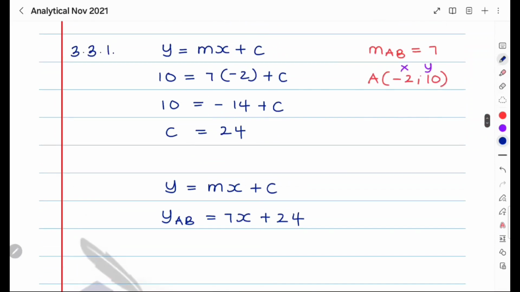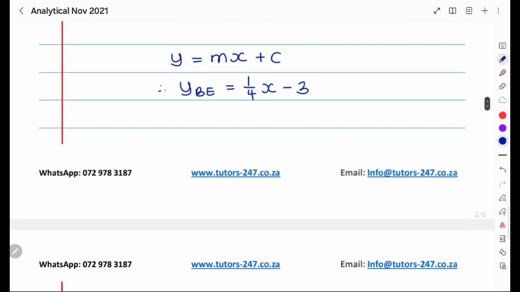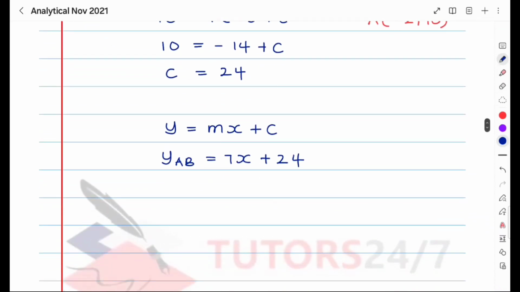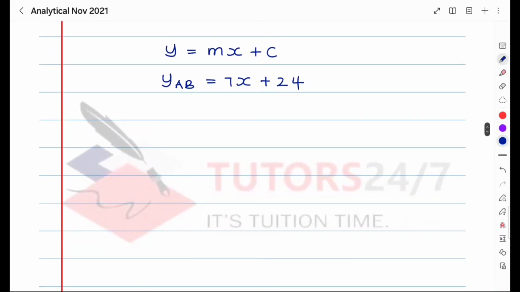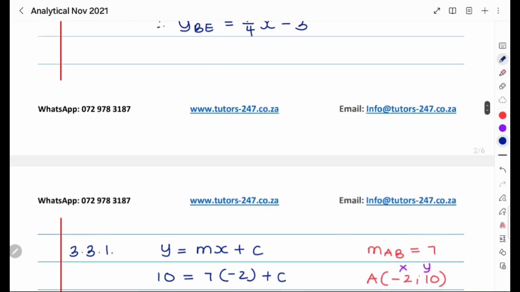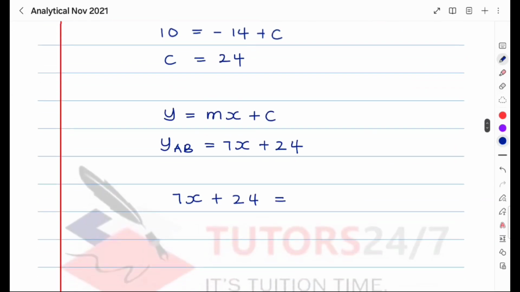Now that we have the equation of AB and we have the equation of BE, we can solve for B using simultaneous equations. So we can state the equation of AB, which is 7x plus 24, is equal to the equation of BE, which is 1 over 4x minus 3.